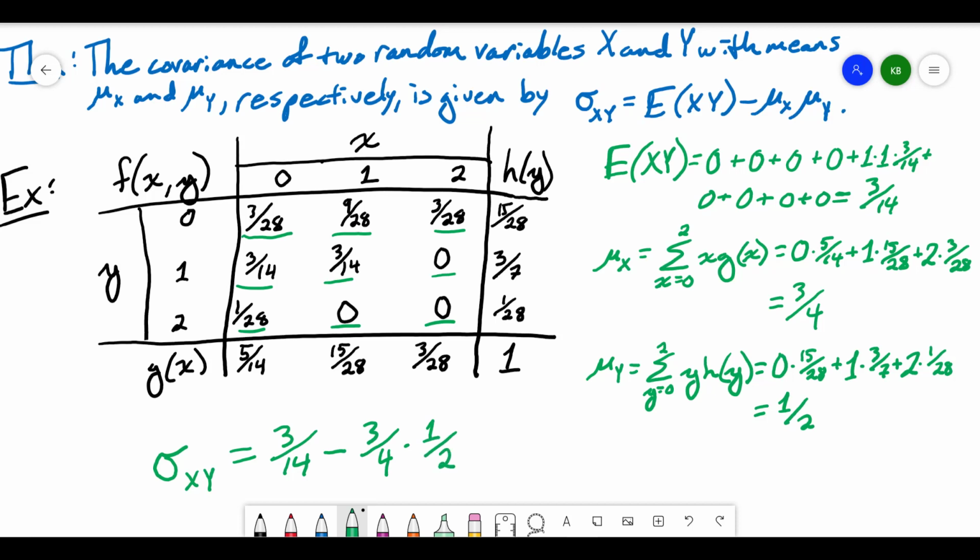And so I'll take this product here, and then I'll take the difference, and I'll find a difference of -9/56. So my covariance is -9/56. And I would do the same exact thing in an example with a continuous variable, except instead of taking sums, I would be taking integrals instead.